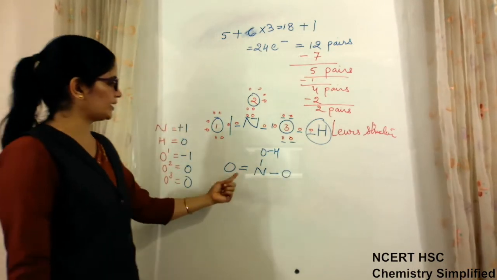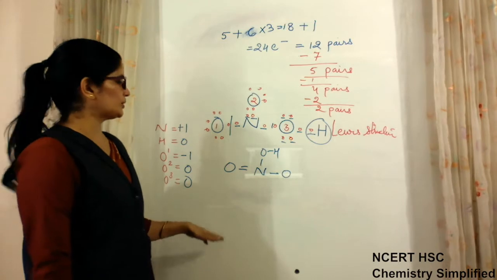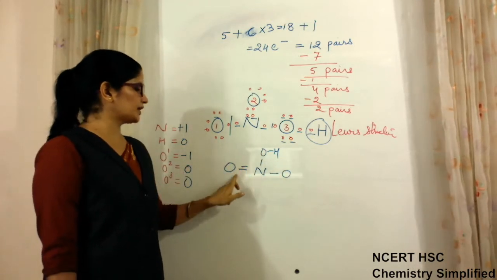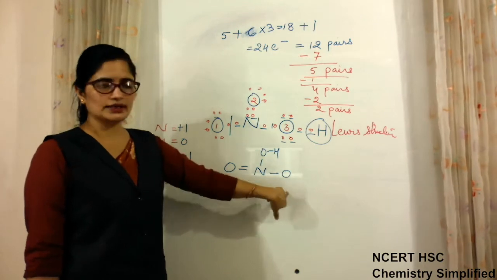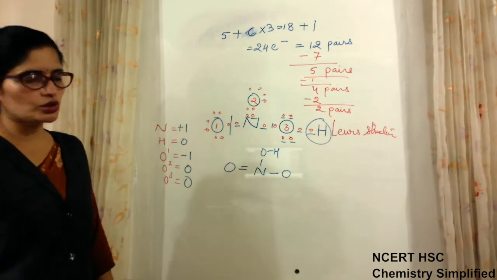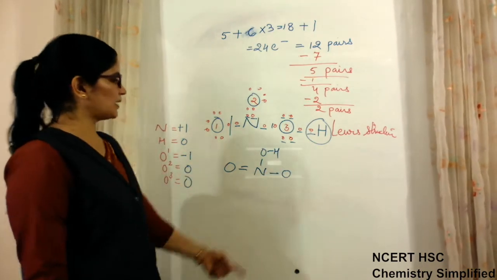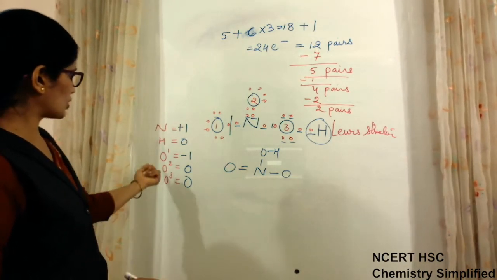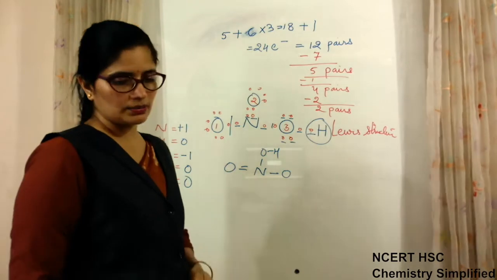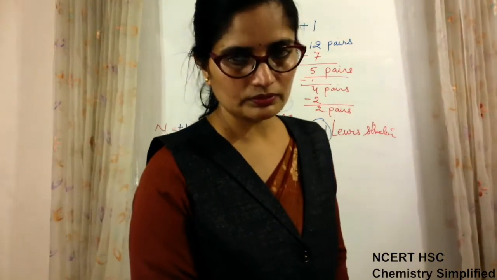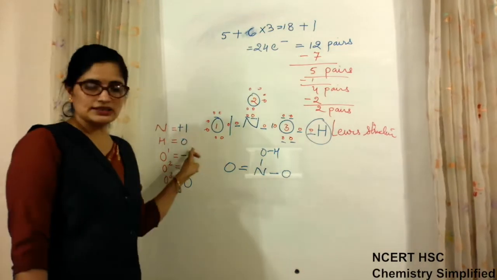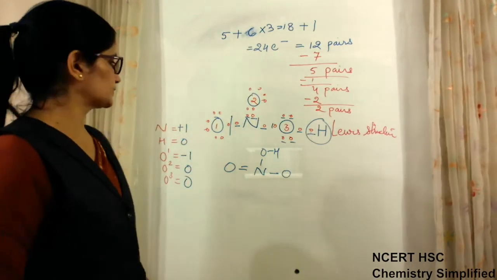Any side you can make the double bond. Only we have to remember this, that out of 3, 1 will be connected to H, 1 will be connected by double bond and 1 will be connected by single bond. So the one which is connected by single bond, oxygen atom number 1, is having formal charge as -1. Okay.